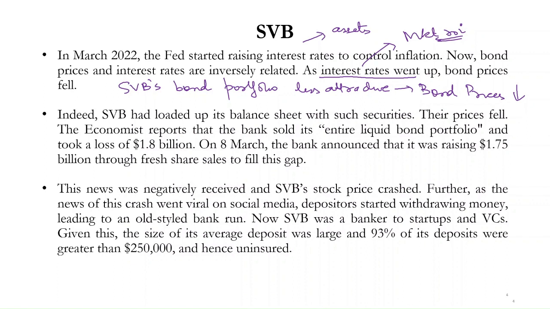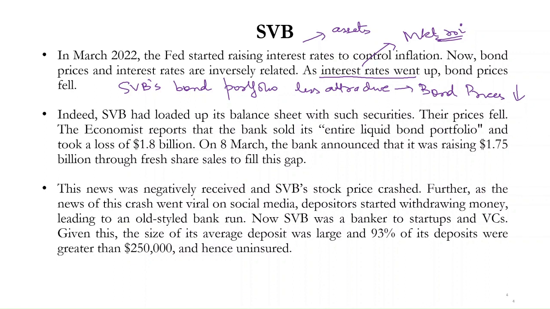So the issue with Silicon Valley Bank was that it was holding a large portfolio of its investment in government securities, and now the prices of those securities fell. So that's a bad thing for Silicon Valley Bank.